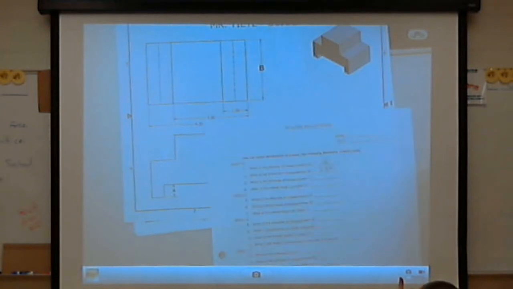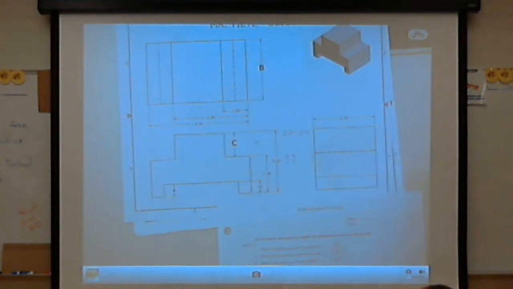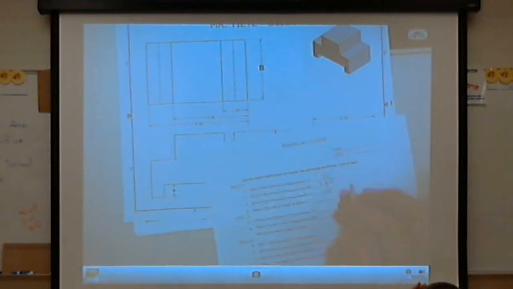So C is going to be 1.0 inches. The overall height, by overall I mean how tall the overall object is, which is what? 2.5, yep. So it's asking 2.5.